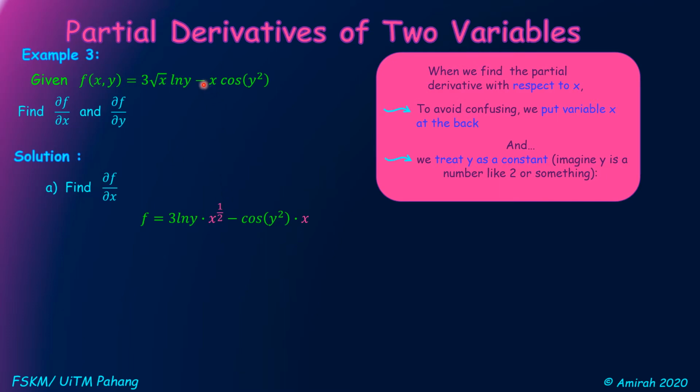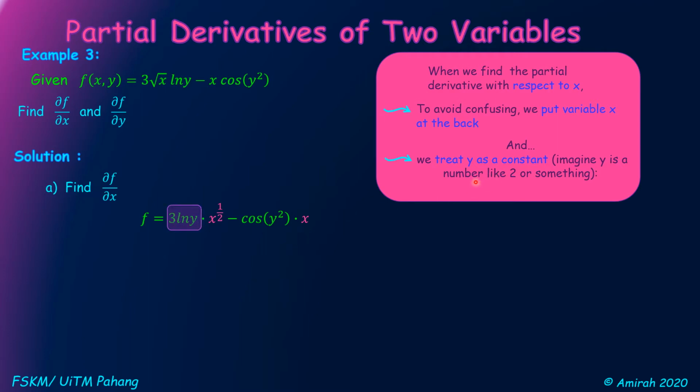And then minus cos y squared times x. Variable x here we put at the back. And to avoid error, we can write variable x in a different color.